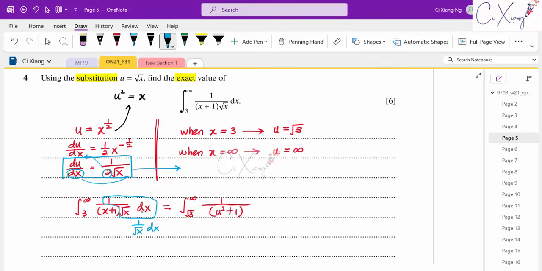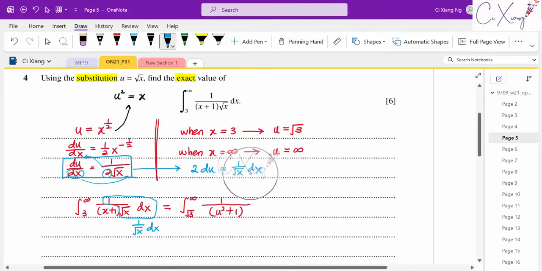When you change it, you can observe that you will have 2 du equals 1 over square root x dx. So you can see very clearly that 1 over square root x dx in our equation here can be replaced by 2 du. Therefore, I'm having a 2 du at the back. Okay, so this is how we change it, right? Then now let's continue.